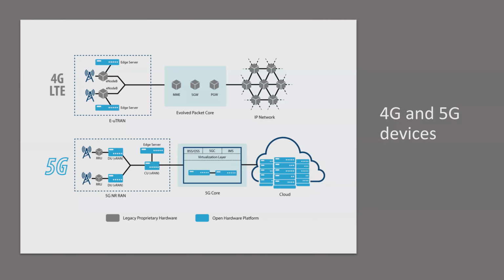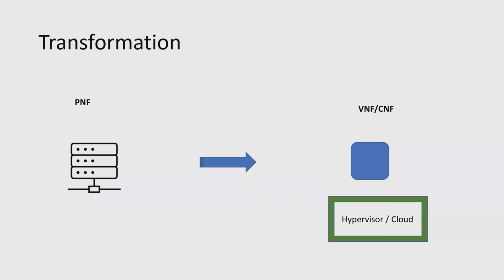And going forward in the next slides, I'm going to explain how things are actually virtualized. Since I briefly explained what an MME or S gateway and P gateway or some of the telco devices are, let's term it a network function instead of a device. I call that a physical network function.